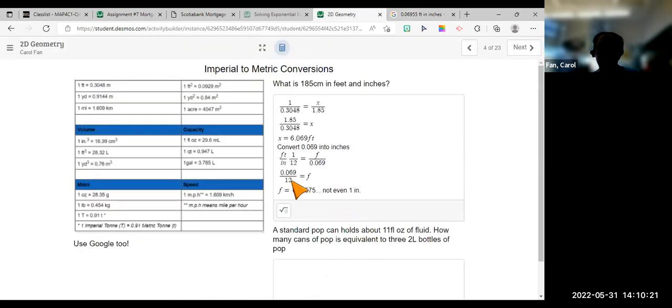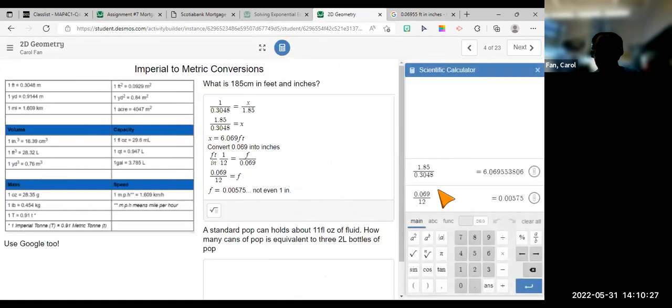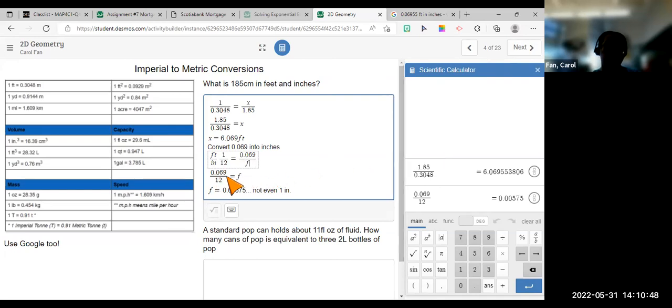It seems like here we kind of messed up on our division. Let me check how we did. One foot is 12 inches. Ah, I put it on the wrong side. Okay, 0.069, and this is inches, so I'll use F here.